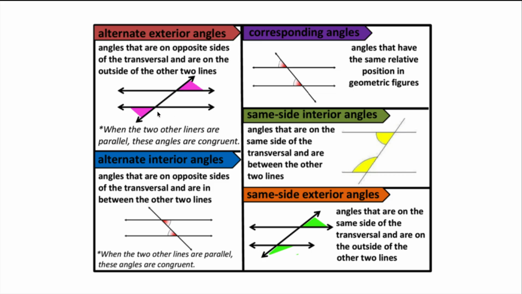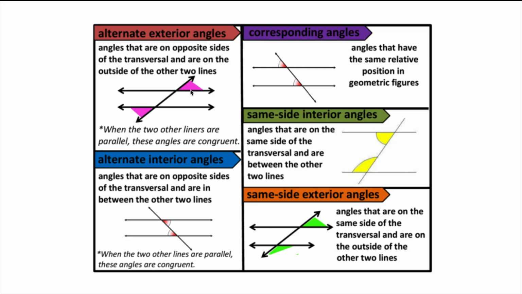Exterior. So exterior, interior, exterior. There are 4 interior angles, 1, 2, 3, 4, and there are 4 exterior angles, 1, 2 on the top of the transversal, and 3, 4 on the bottom of this transversal line with the bottom parallel line. So angles that are on opposite sides of the transversal, so here's the transversal, opposite, opposite, are alternate. And guess what? They're congruent.